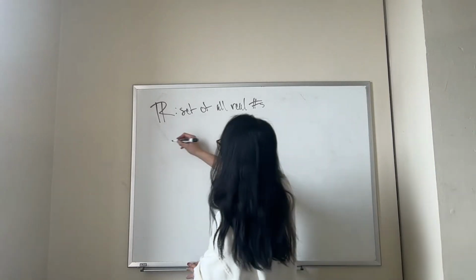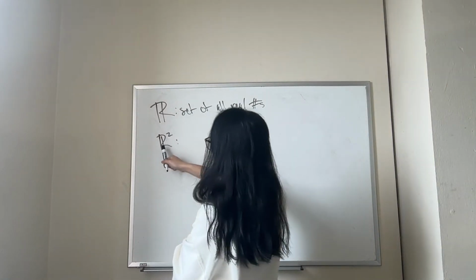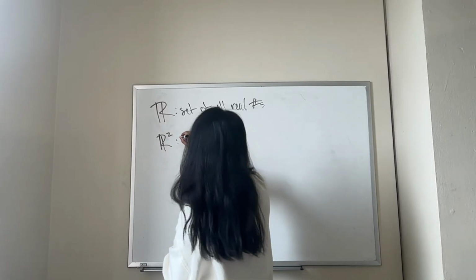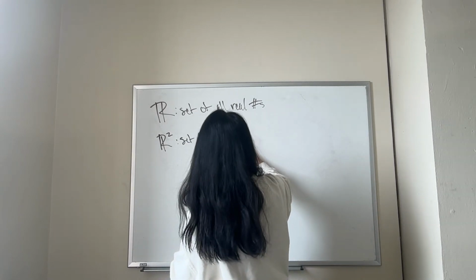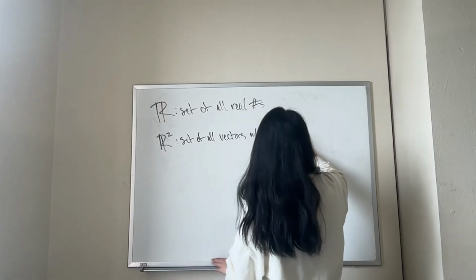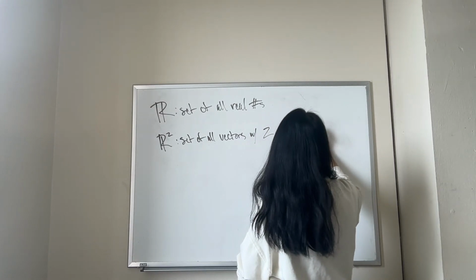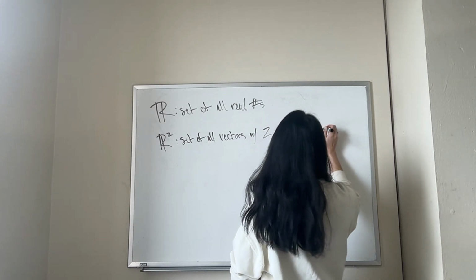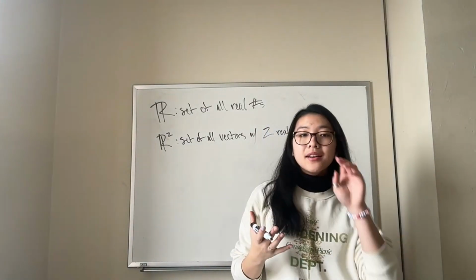And then we also have R2, which is the same symbol, but with a 2 in the superscript, which is the set of all vectors with two real number components. An R2 space you're familiar with is the XY plane.